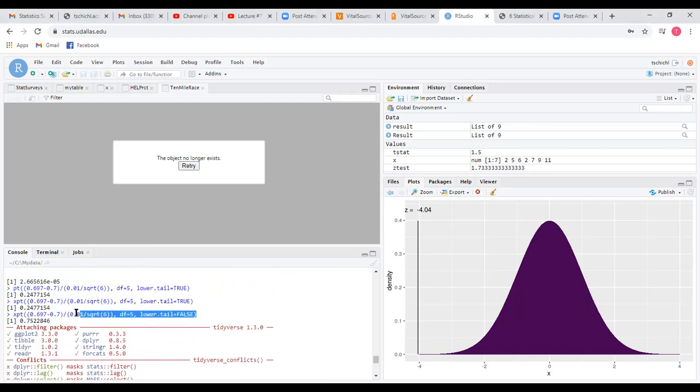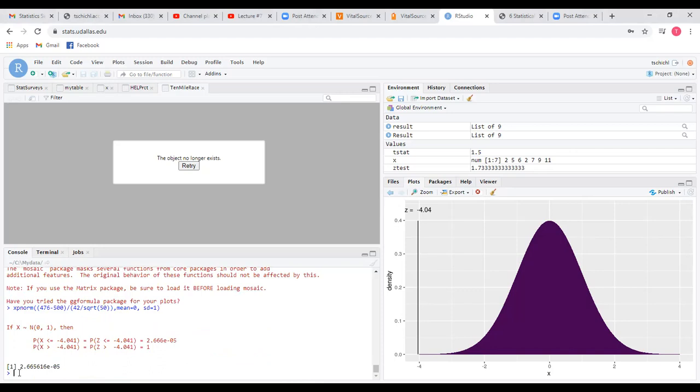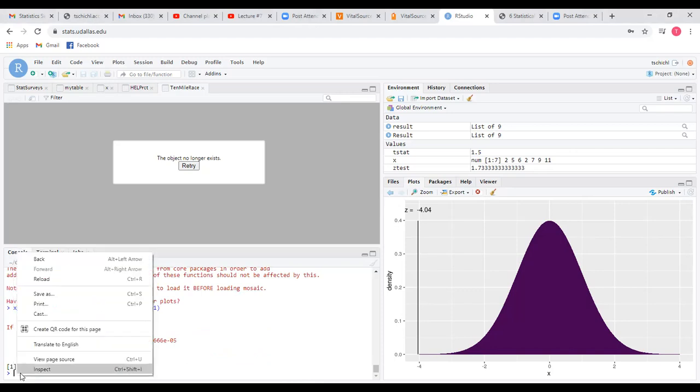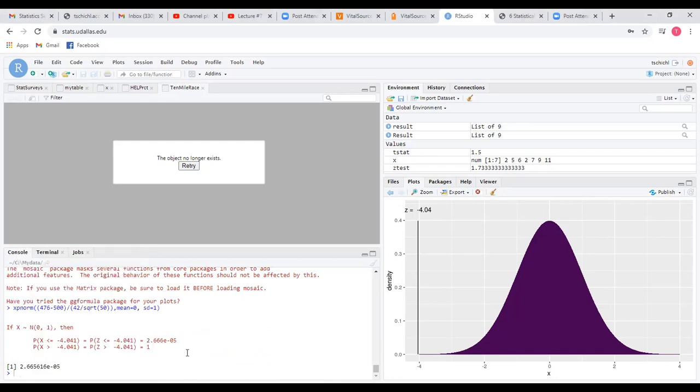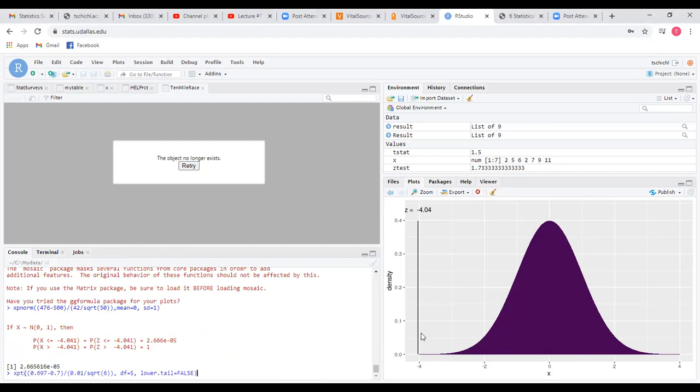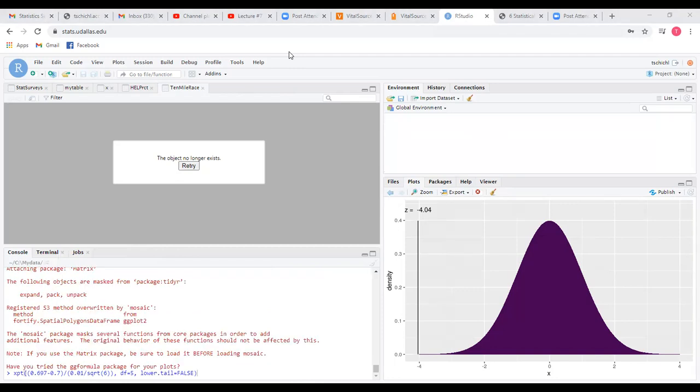I hope I can copy it well. Okay, so this is what you can do here. Paste. The code you use here is the XPT.